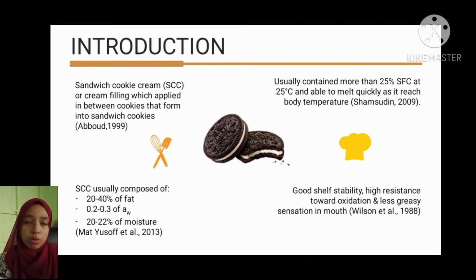This product must have good shelf stability, high resistance towards oxidation, and also a less greasy sensation in the mouth.